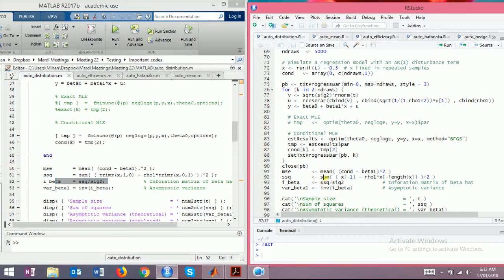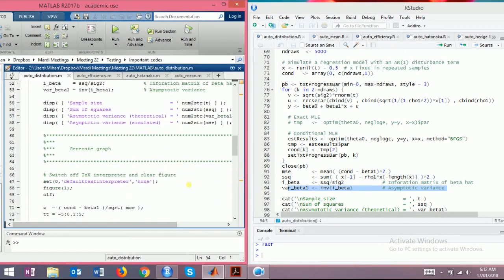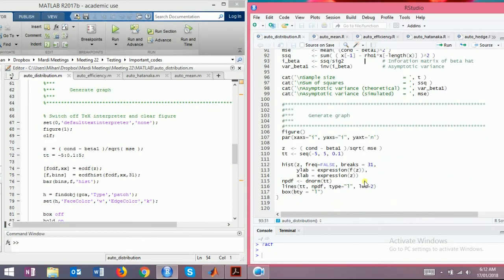The sum SSQ is the sum of x minus 1, when we are removing the first row, minus rho times x minus length of x, removing the last row, squared. Asymptotic variance, we have the asymptotic variance. That's all. And then we can generate the graph.